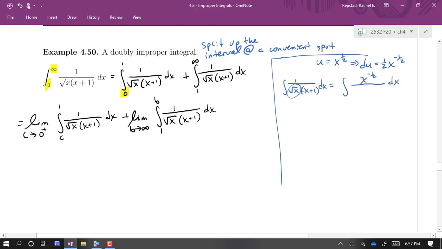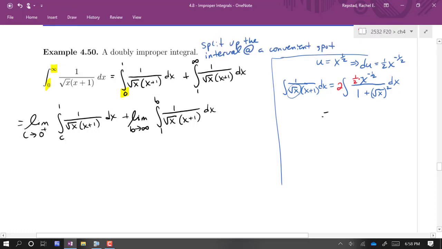And on the bottom, that x is the square of the square root of x. Now I almost have du up there. I'm off by a factor of 1/2. I'm going to throw in a factor of 1/2 here, and compensate with the 2 outside.